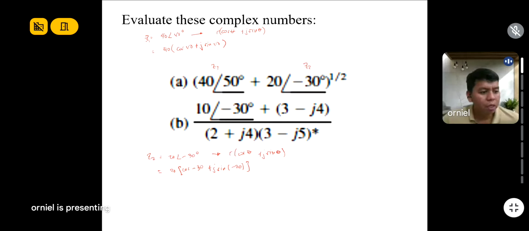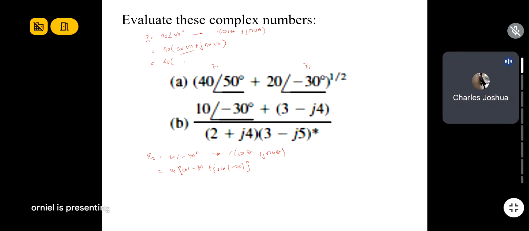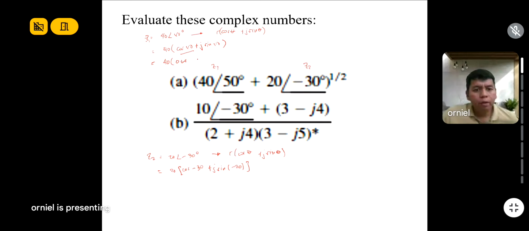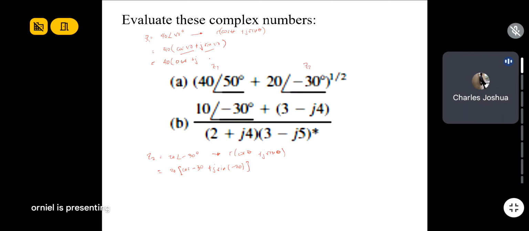Now, how do we do it when converting into rectangular form? What is cosine 50? Can you use your calculator? Cosine 50 is 0.64, sir. And sine 50? 0.766, sir.